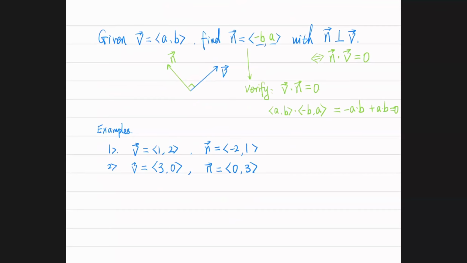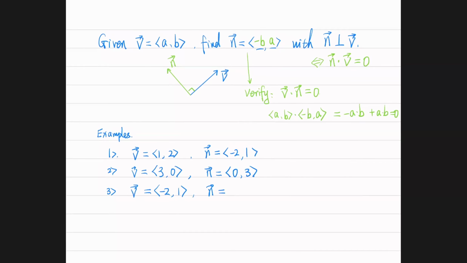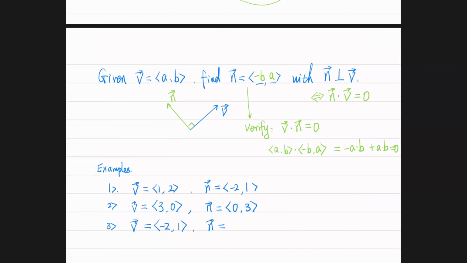Another one. I'm going to ask Kira, for this vector V, can you give me a normal vector? 2, well, no. Wait, -1, 2.